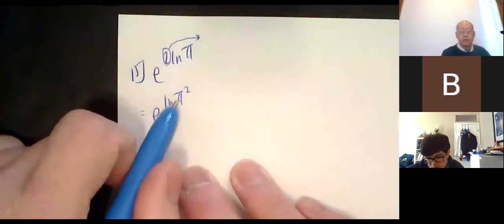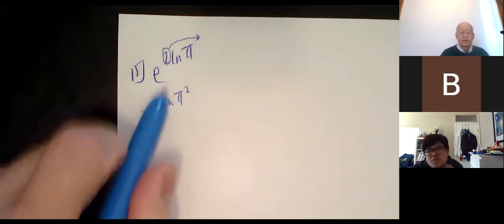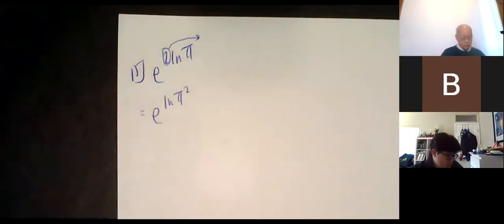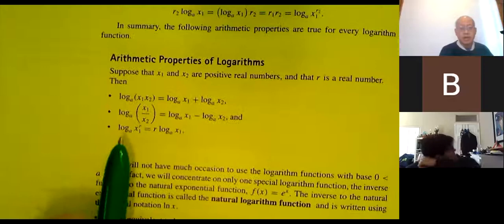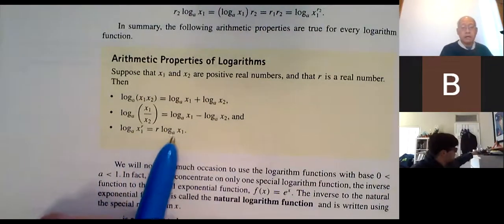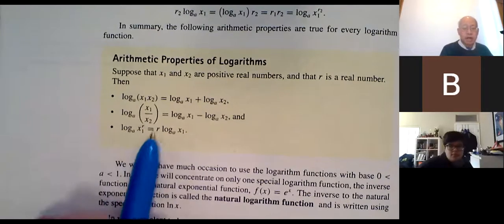So I showed you that a while back. The 2 can come up or it can come down. Well, why don't I go ahead and show it to you in the text? Yeah, this one, page 298. I showed you, I think, Tuesday. Log base a of x1 to the r equals r log base a of x1. So that exponent r can come in front, but it can also climb back up.